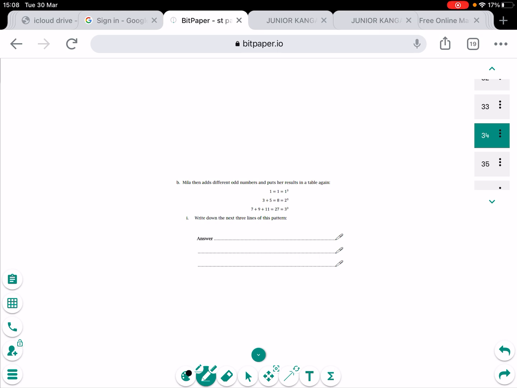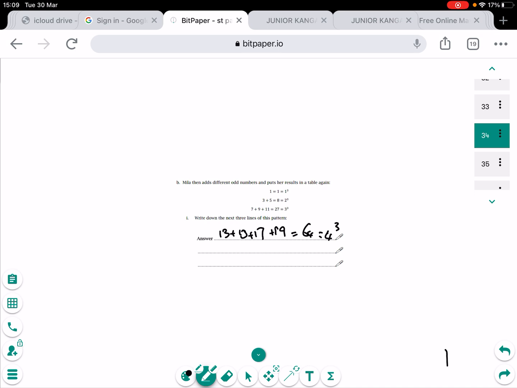So we do 13 plus 15 plus 17 plus 19, which adds up to 64, which equals 4 to the power 3.